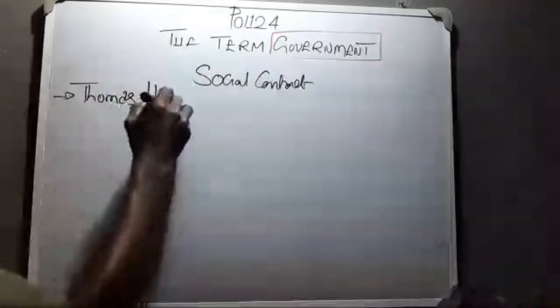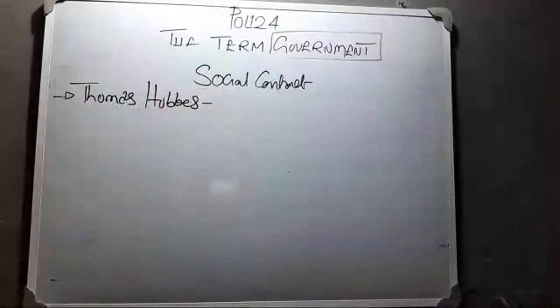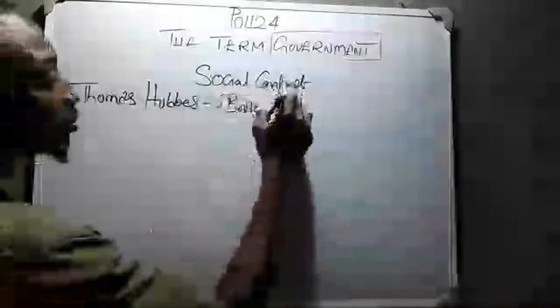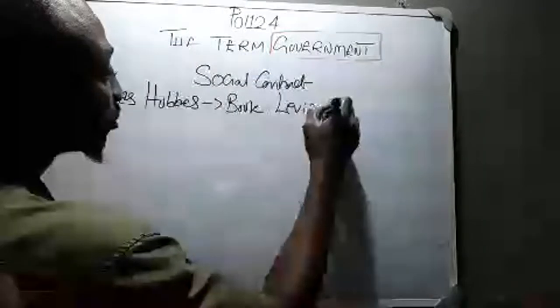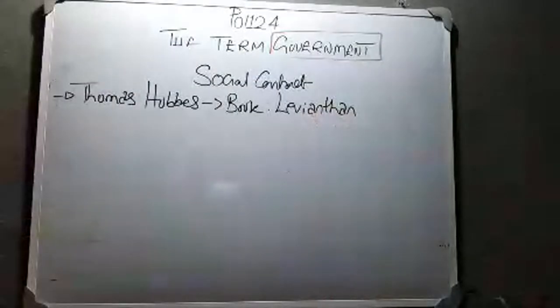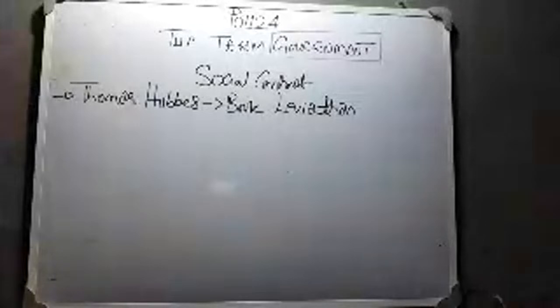Now, in his book, Leviathan, okay, there's no N, it's Leviathan. All right. In his book, Leviathan, in 1651.